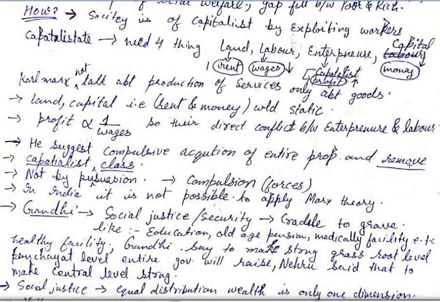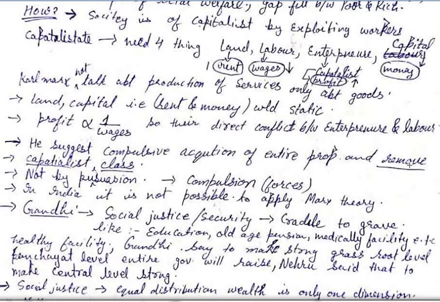Indian social justice was to be attained by persuasion and not by compulsion. Concept तो वही है. इधर भी there is upliftment of the downtrodden, upliftment of the backward classes, reducing the gap between the rich and poor. Everything is there.